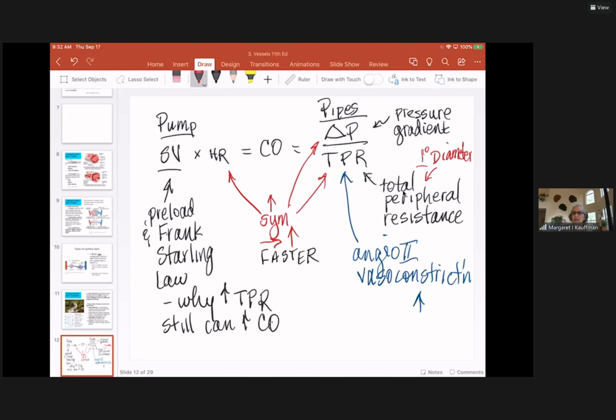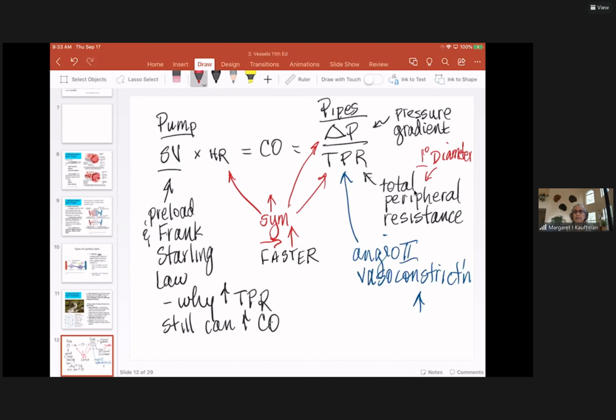Now, the way it does that is it causes vasoconstriction, and especially if you kick in the angiotensin II, you're going to get lots and lots of vasoconstriction. The pipes are going to get smaller in diameter. It's going to get harder for blood to flow. Less will flow in that laminar flow way where it's going fast through the middle, and more is going to be rubbing the outside, having greater resistance to flow.